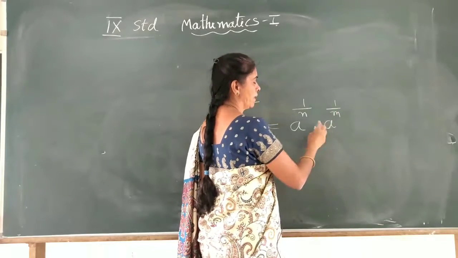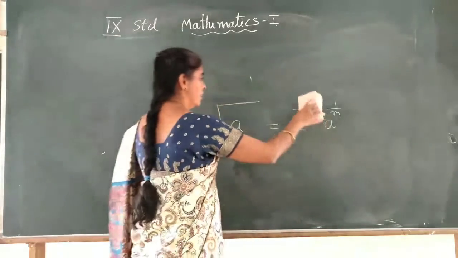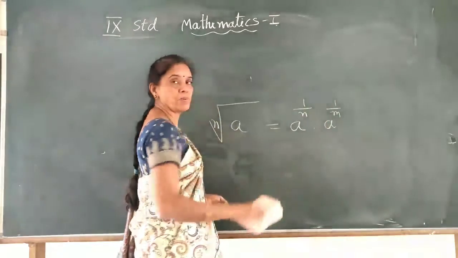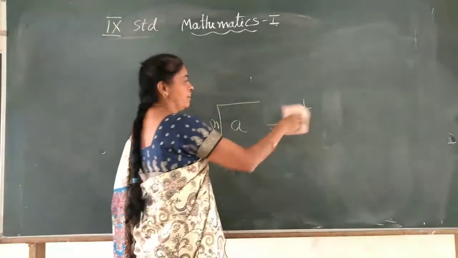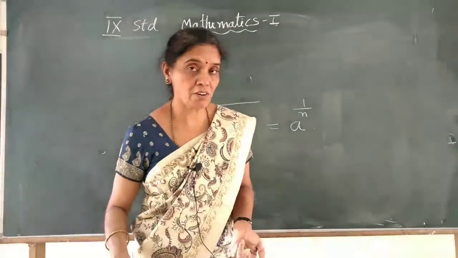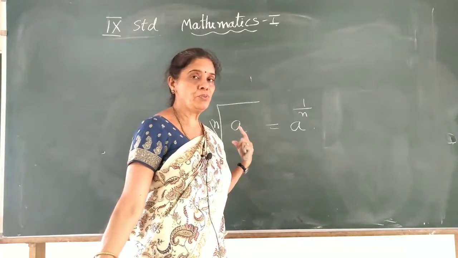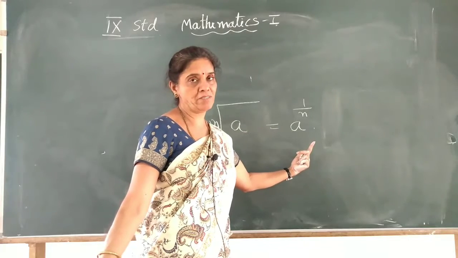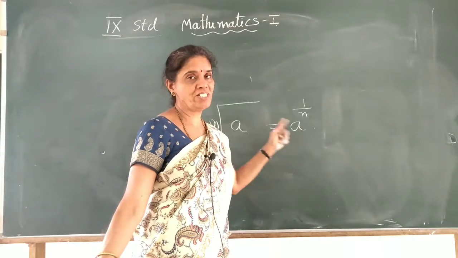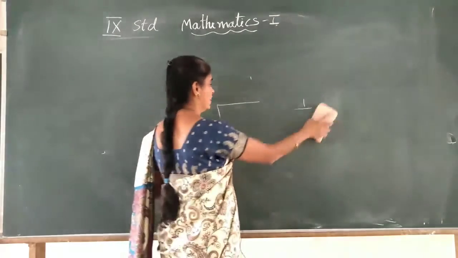Now how do we apply the rule? Here now the root number is in the fractional form. How do we apply the rules of exponents which you studied in the standard? If you have to multiply two root numbers, then we can apply the law of exponents here and solve it.